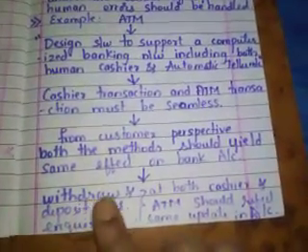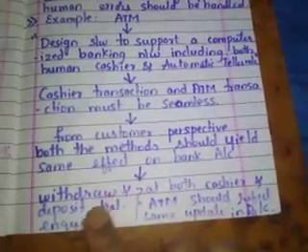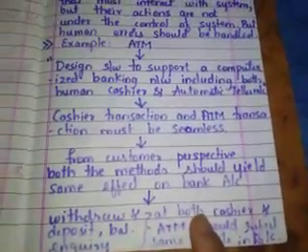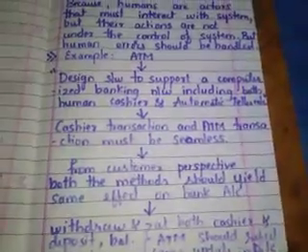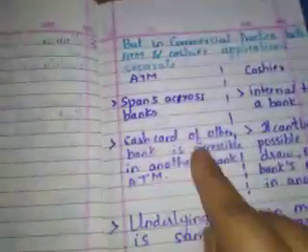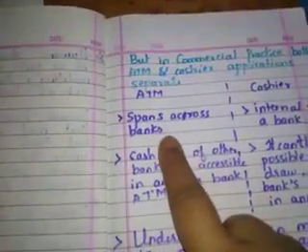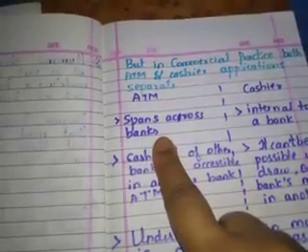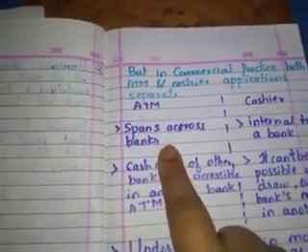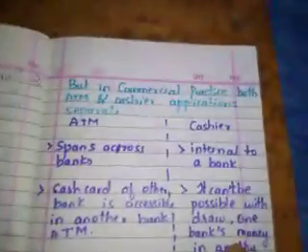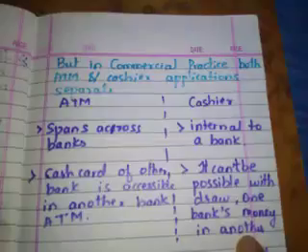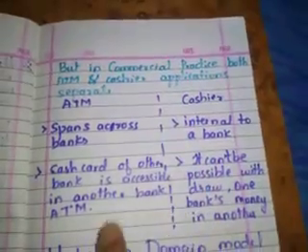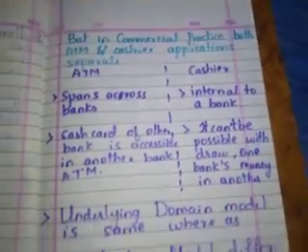The same things, that is withdrawal, deposit, and balance inquiry, can happen at the cashier station or at the ATM, but the difference is that the ATM spans across banks. One bank's ATM card can be used in another bank's ATM, whereas if you go into the bank personally, you cannot withdraw another bank's money there, right? So the implementation will be different, but for the user it looks the same.